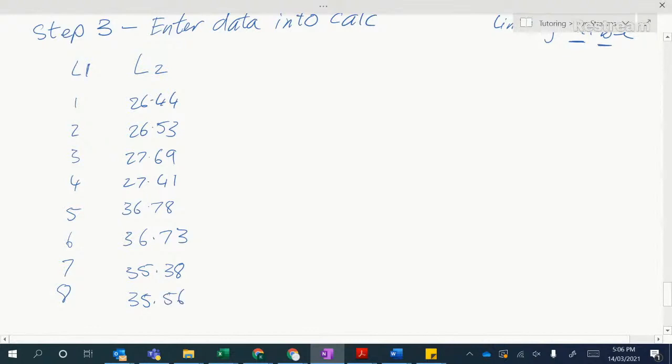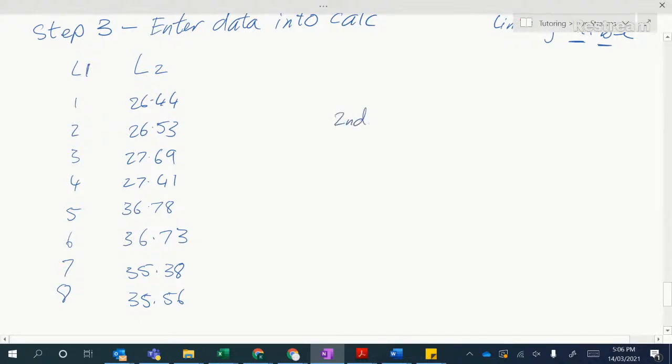Okay, enter all that in. Once you've done that, you should be able to press the second function and then stat button, and you want to choose 2var data.